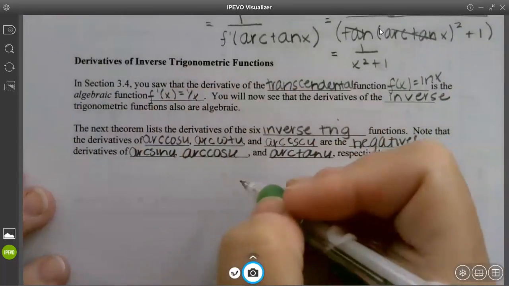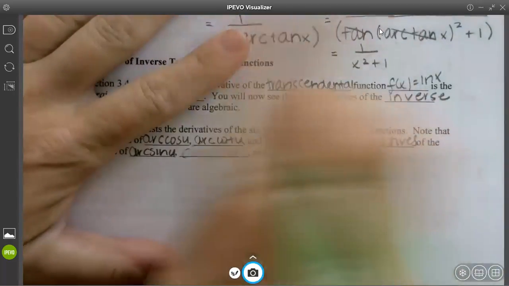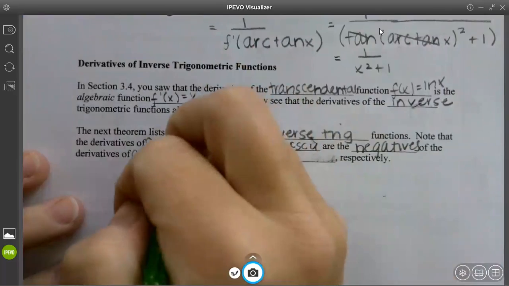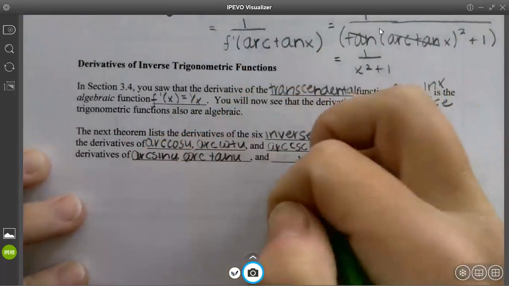Well, not respectively. Tan should go before secant. Sorry, I even wrote the wrong thing.